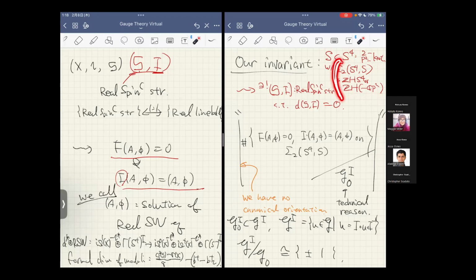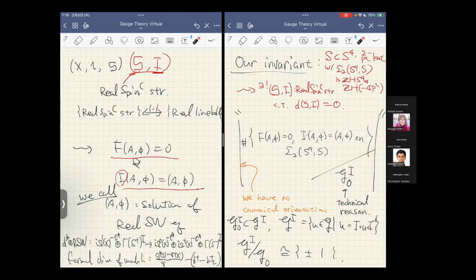Under these assumptions, there exists a unique real spin-c structure with its real formal dimension equal to 0. So our invariant is given by the absolute value of the signed count of real Seiberg-Witten solutions up to gauge transformations. In real Seiberg-Witten theory, the gauge transformation group is the subgroup of the ordinary gauge transformations that is fixed by our involution.